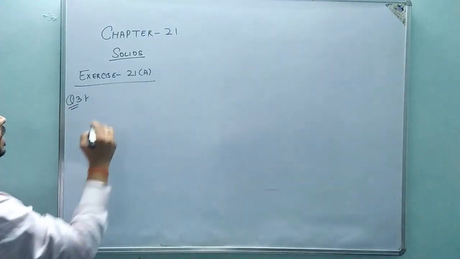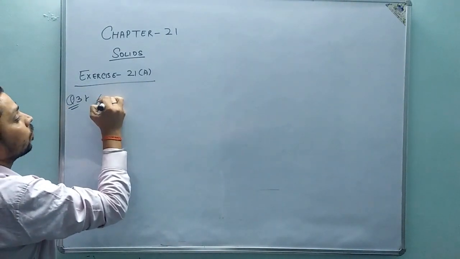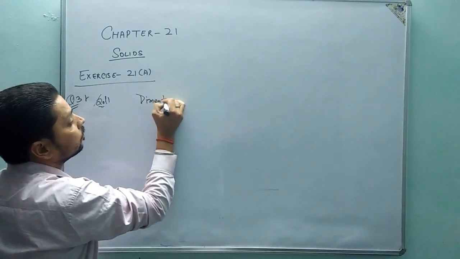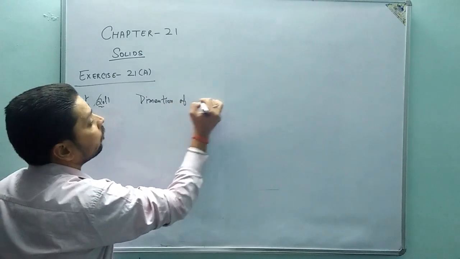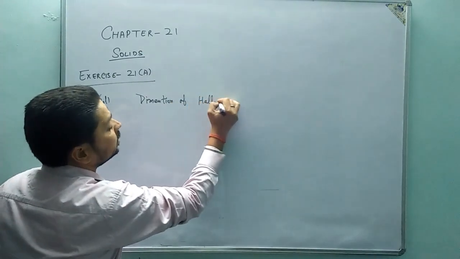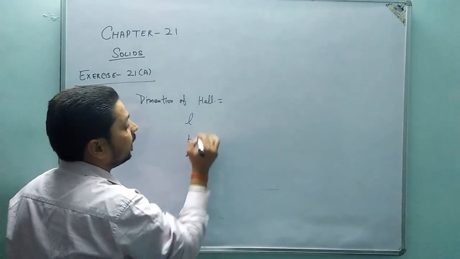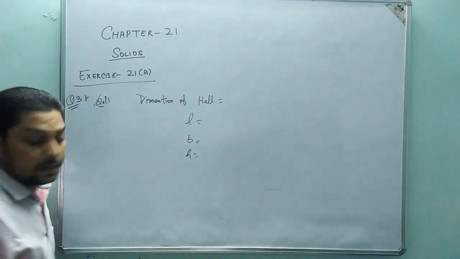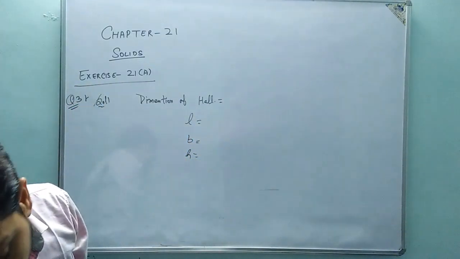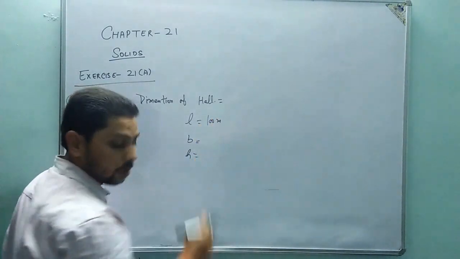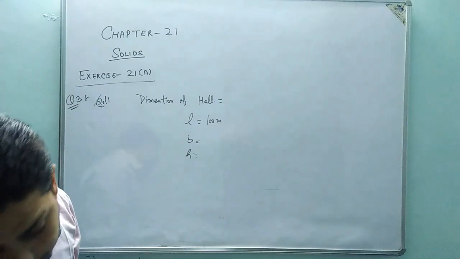It is given that the dimensions of the hall are given, that means length, breadth and height. Length is 100 meter. Breadth is 60 meter.